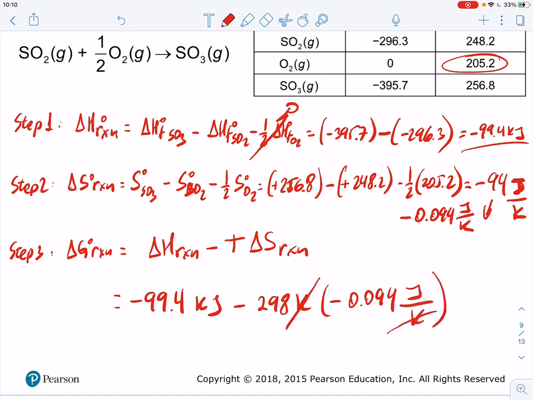Here Kelvin cancel with Kelvin. And we end up with minus 71.4 kilojoules. This is the free energy for that reaction.